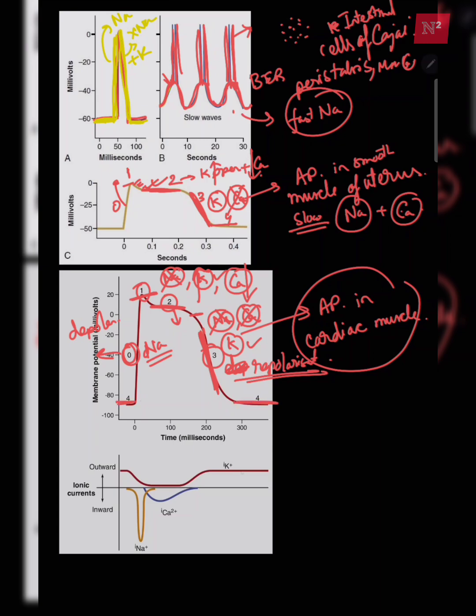So the below diagram is showing you the relative point at which the channels are opening. As I've told you, phase 0 is showing you the fast sodium channel opening. So see, the fast sodium channel picks up, and there is an inward influx of ions through the sodium channel.